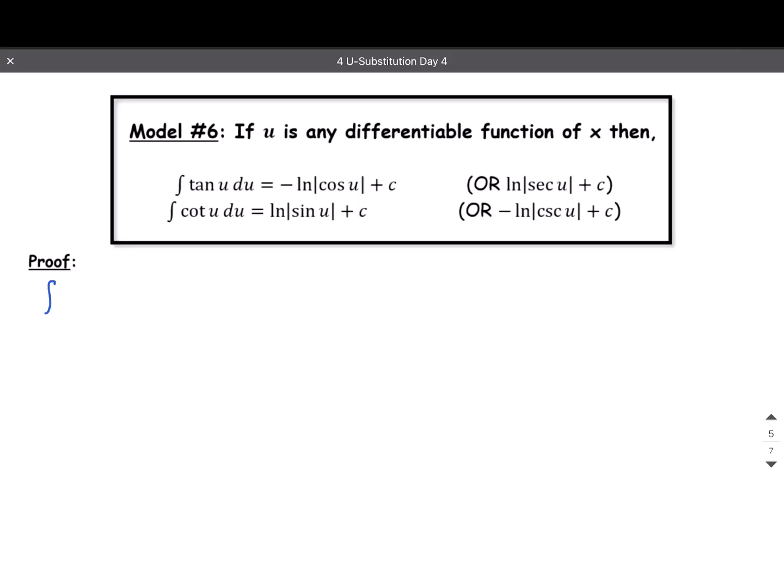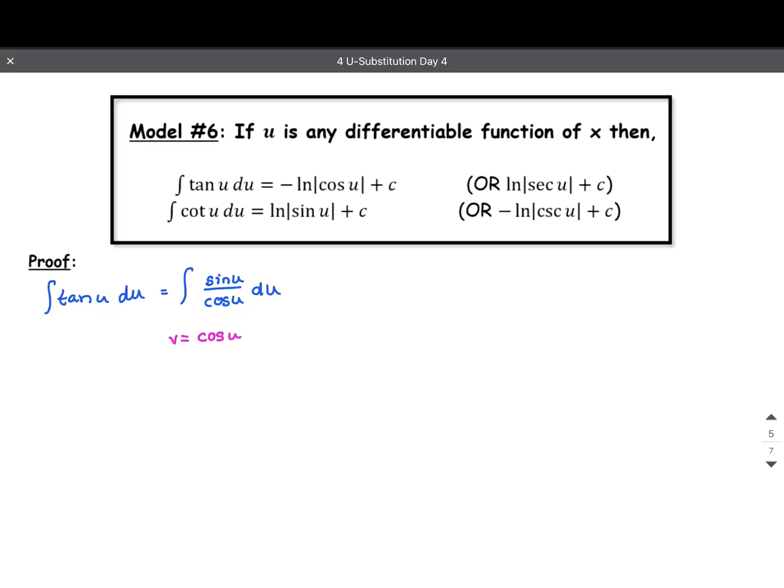We've got the integral of tan u du. Now, tangent, remember, is sine over cosine. So sine u over cosine u du. Now, we want to do a u substitution, but the problem is we already have u's, so we're going to pick a different letter. I'm just going to pick v. You can pick whatever letter you want. I'm going to choose the denominator, cosine u. Okay, I don't have anything raised to a power, so I'm going to let my denominator be what I'm substituting for.